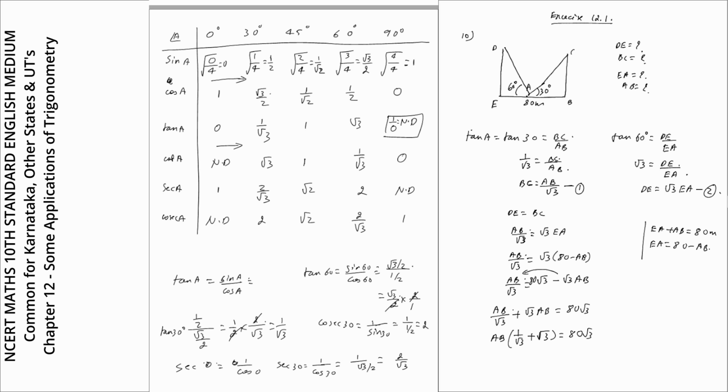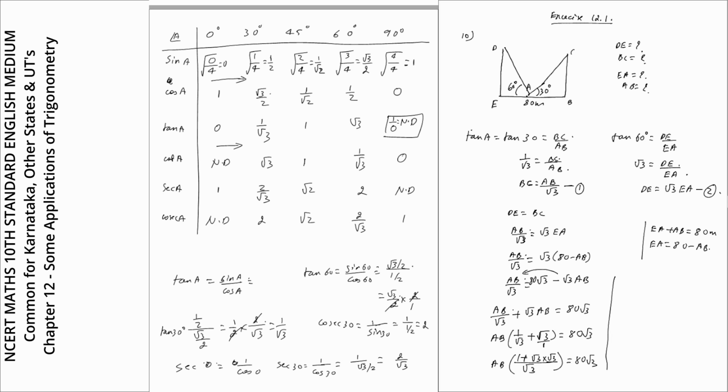Now on the left hand side, root 3 means it is root 3 by 1. So AB into 1 by root 3 plus root 3 by 1. Here the LCM of root 3 and 1 is root 3. So in the numerator I will get 1 plus root 3 into root 3, equal to 80 root 3.